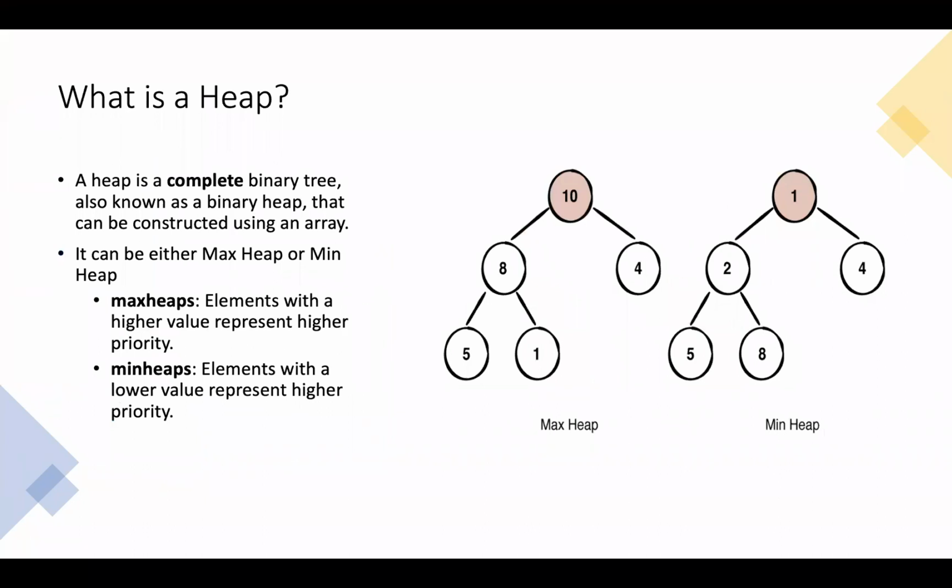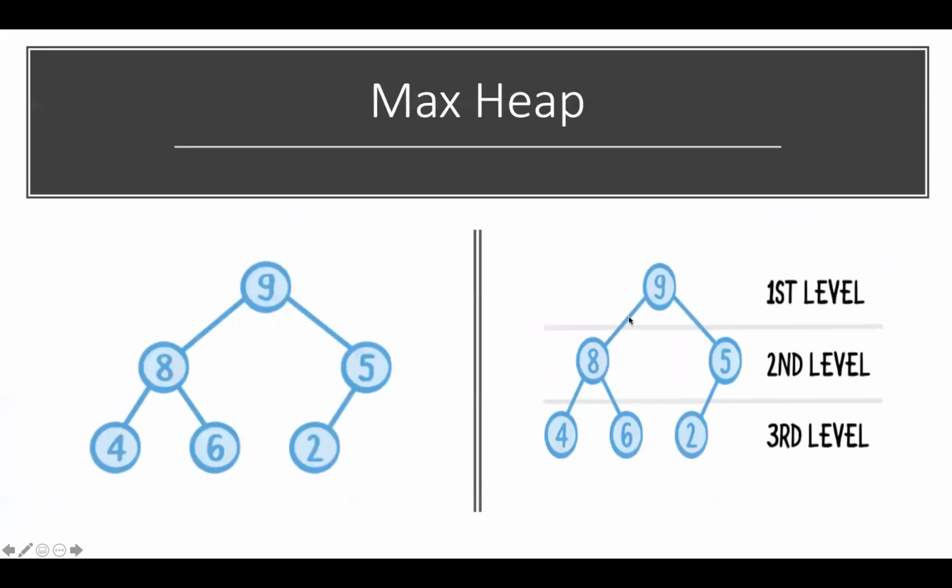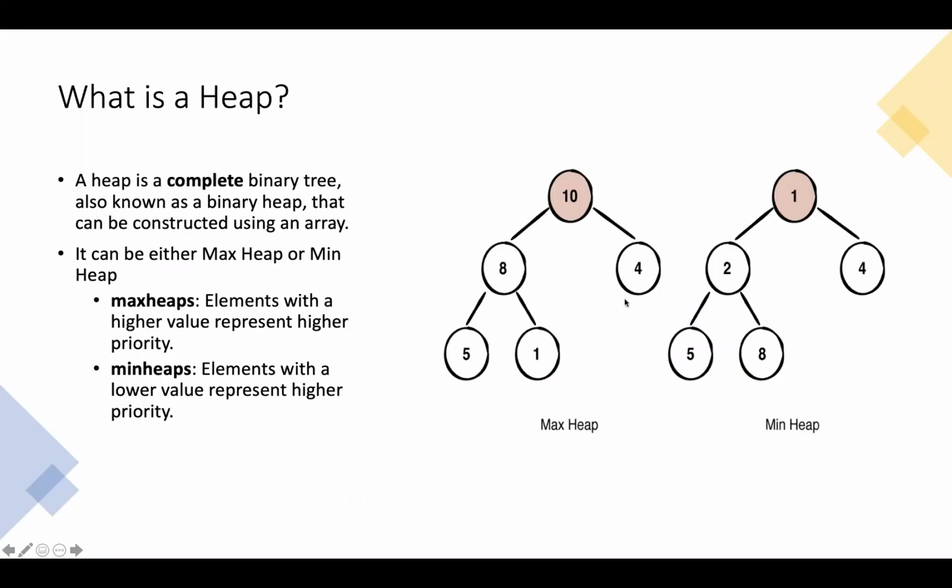So what I want to say is that I cannot put any node arbitrarily. Let's say if I pick this and place it here, then it is not a complete binary tree. It will break the property, because all the left and right nodes of 8 should be completely filled to move to 4.